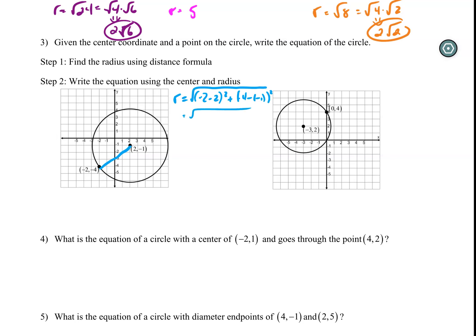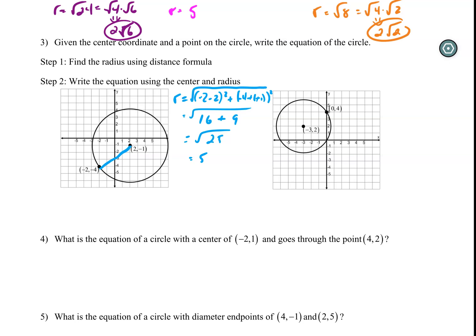So we get -4 squared is 16 plus we've got a -4 minus a -1, so this really becomes plus. So it's -3 squared is 9. That's 16 plus 9 is 25. So we get a radius of 5.